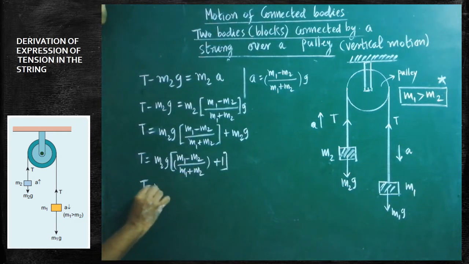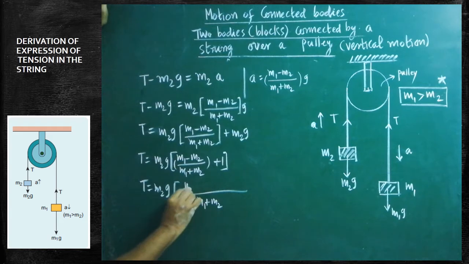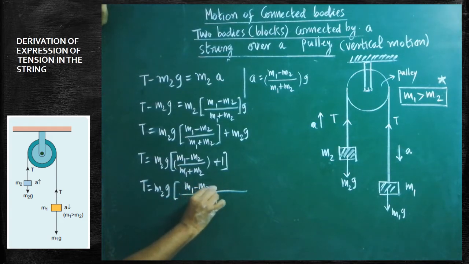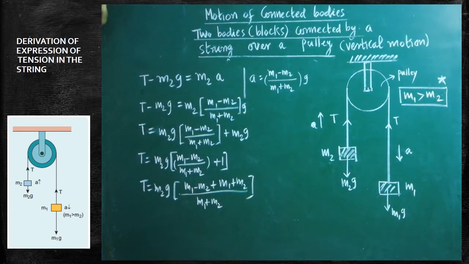T is equal to m2g, take LCM (m1 + m2): (m1 + m2) plus (m1 − m2), divided by (m1 + m2). You know the other mathematical steps, I did not explain much about this.